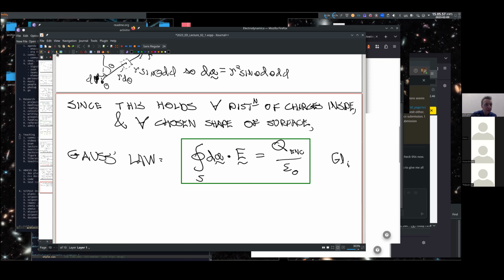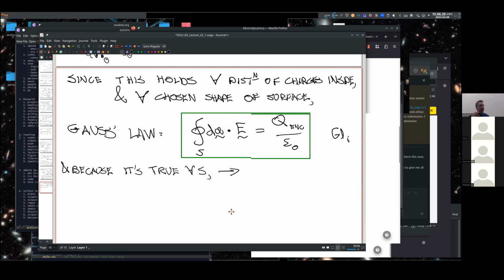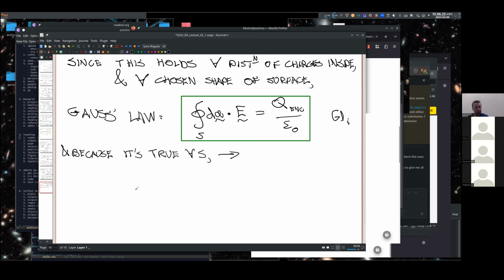And because it's true for all S, we can glorify it to its more differential form, which means that we can use the divergence theorem.